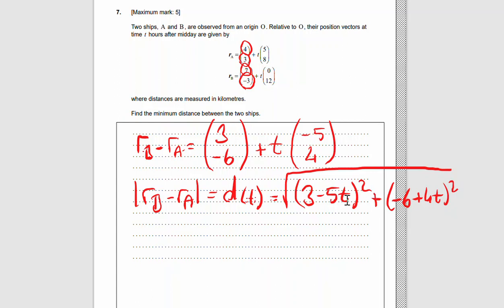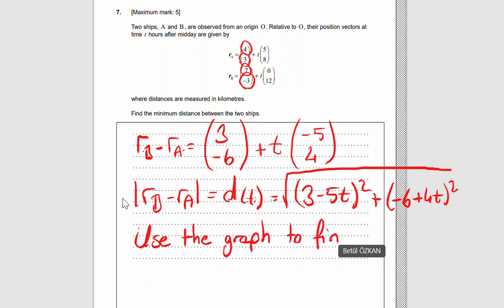Okay, so right now, I need to use the graph on TI because if I find the local minimum point, which represents our minimum distance actually. So for the next part, I will just write, use the graph to find local min.